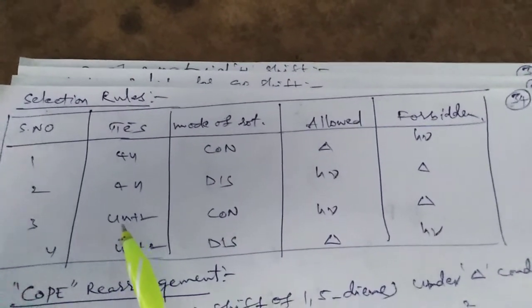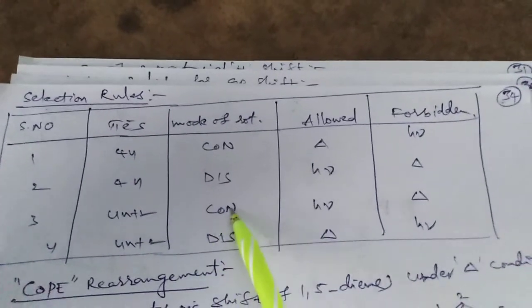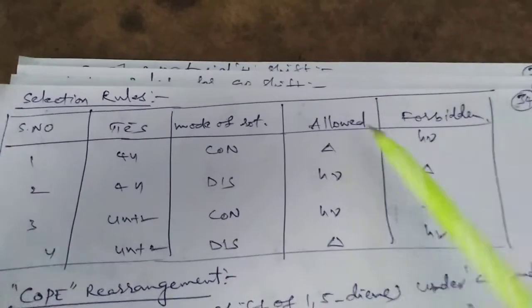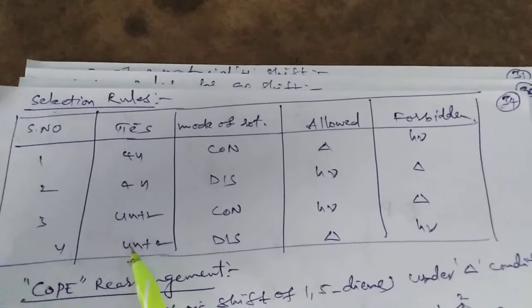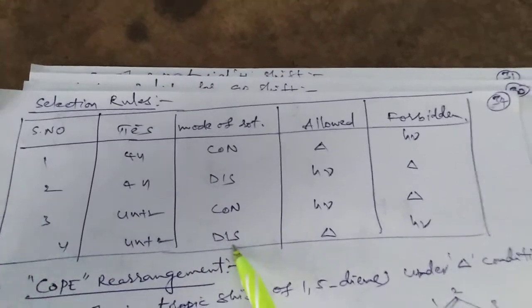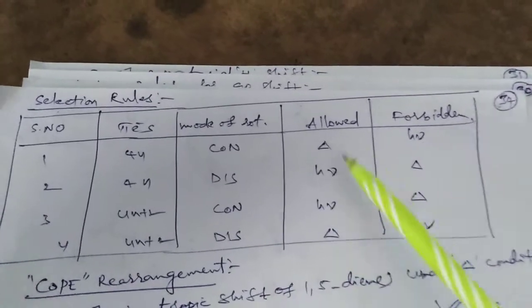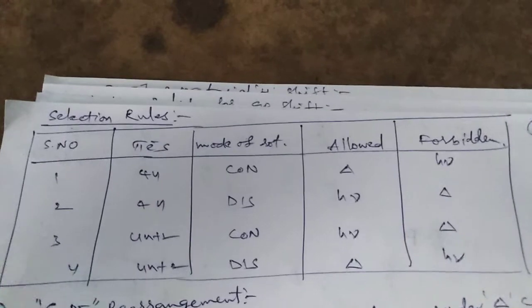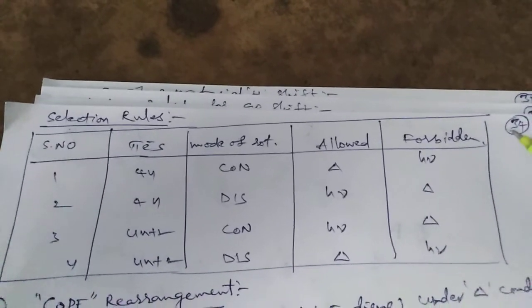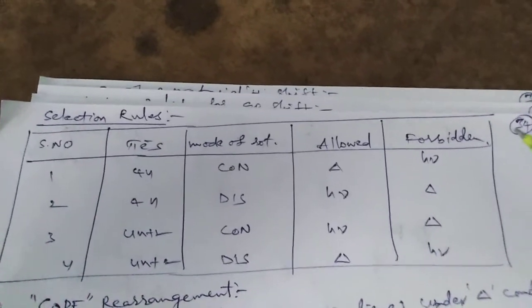Third, the 4n plus 2 system with conrotatory mode: photochemically allowed, thermally forbidden. In the last case, the 4n plus 2 system with disrotatory mode: thermally allowed, photochemically forbidden. So these are the selection rules for sigmatropic reactions of the 4n and 4n plus 2 systems.